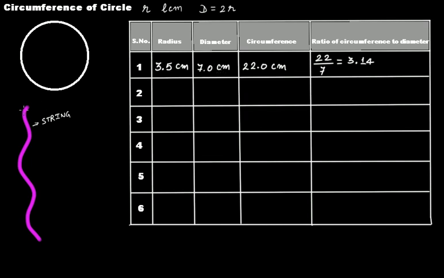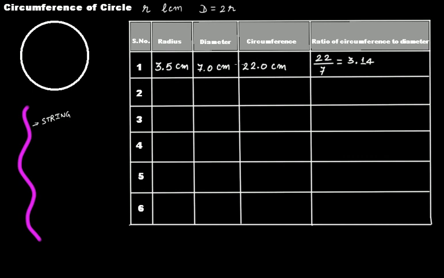Now, you take this string and wrap it around this circle, and the length that will cover the circle will be actually 22 centimeter. Now you have to take the ratio of the circumference and the diameter, the values that you have calculated here.